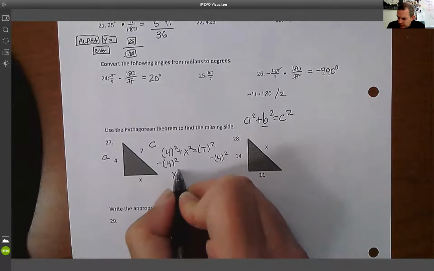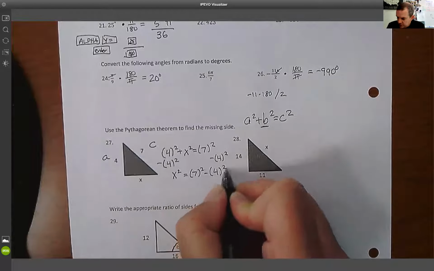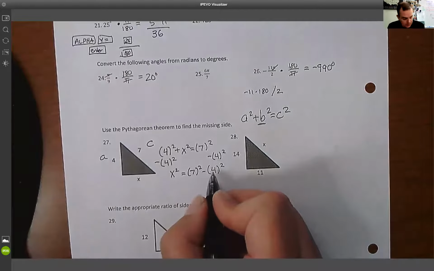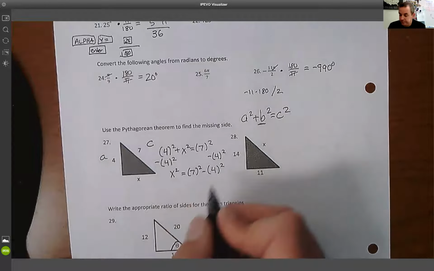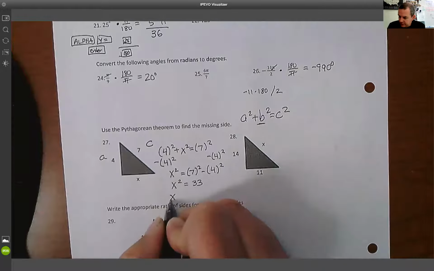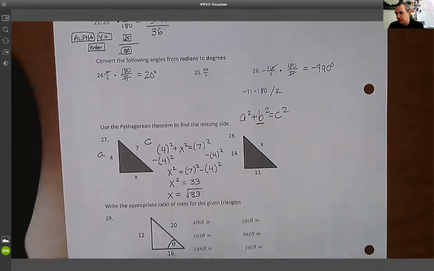And we're going to end up with x squared equals 7 squared minus 4 squared. Put that into our calculator. We're going to find out that that is going to equal 33. So that tells me that x squared is going to equal 33, so x is going to equal the square root of 33. And that's the answer. Don't simplify it. It's the square root of 33.